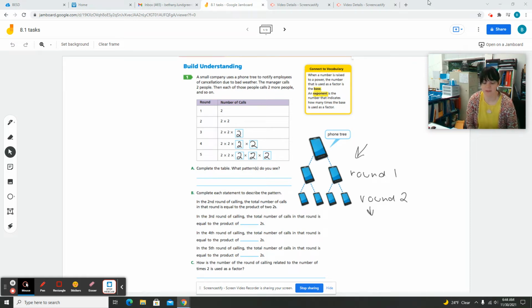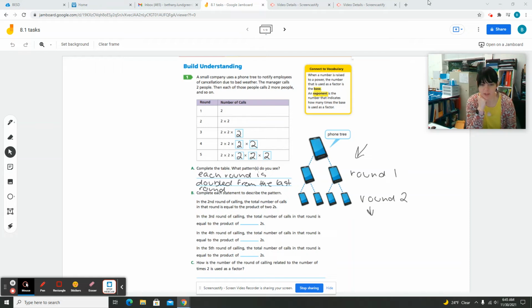Each round is doubled from the last round. Do you see how each round you just multiply another 2? So you just keep doubling all the way down. Okay, so we're going to complete each statement to describe the pattern.